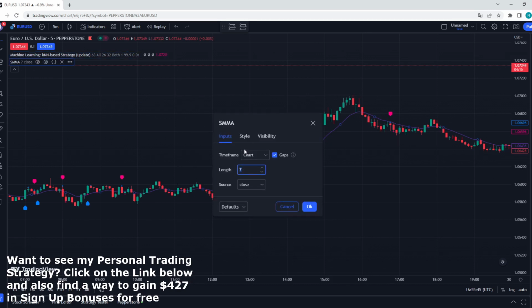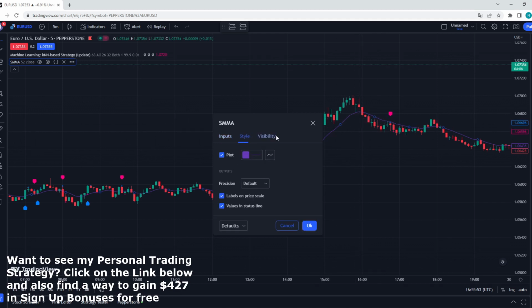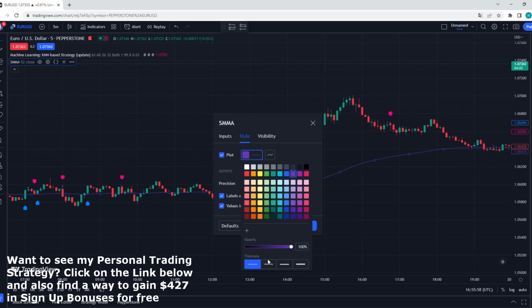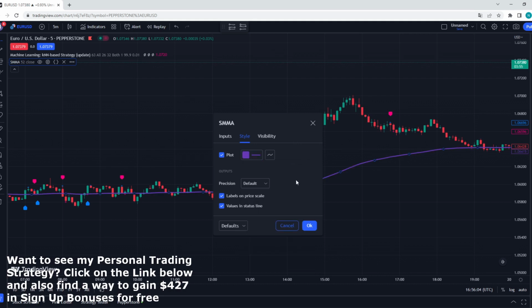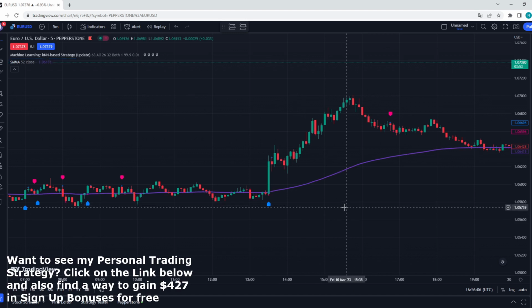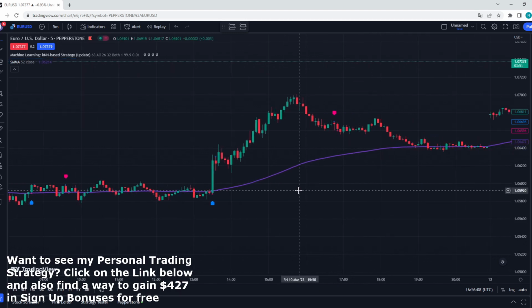The length we will change to a period of 52. And as you can see, the line is maybe not as visible as it should be, so we can go into our style section and make it a little bit thicker like this. If you like, you can change it to white, but I will leave it in purple right now as I like it. And this is basically our setup.